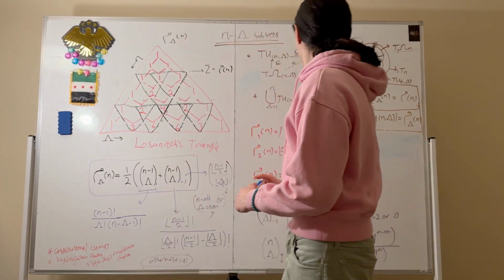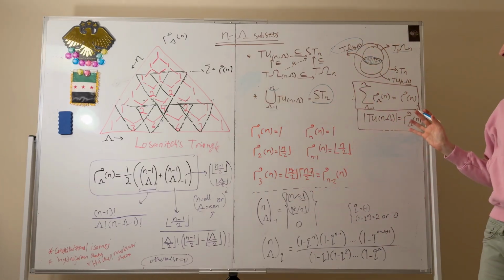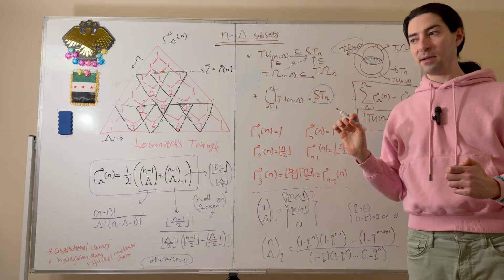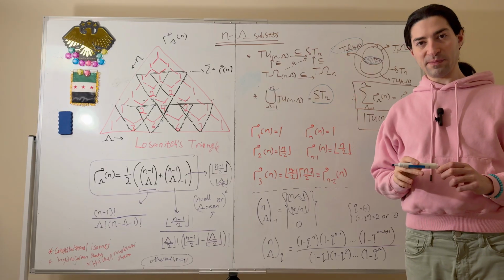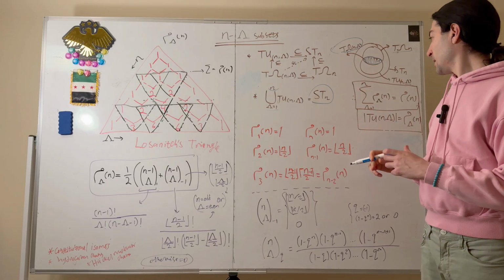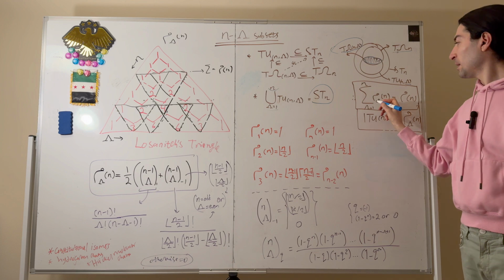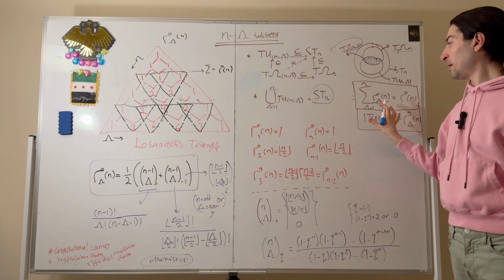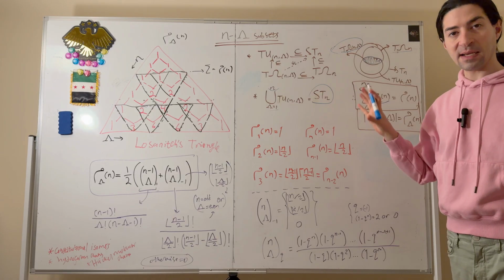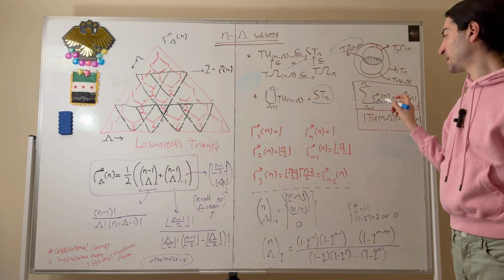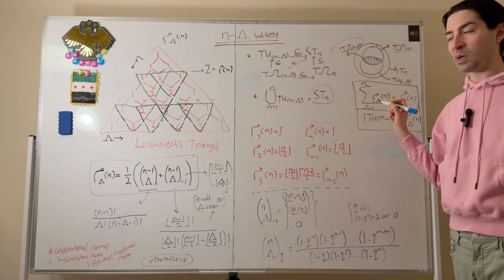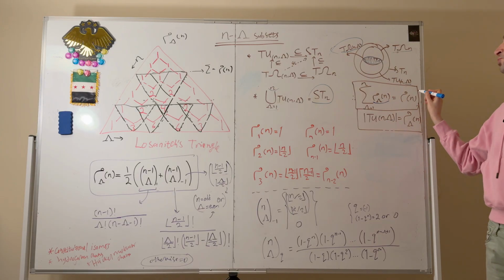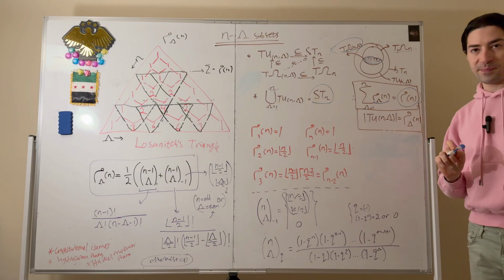So what can we say about the mean lambda numbers? We will say that mean lambda of n, the sum of the sizes of all these subsets, starting with lambda equals 1 to lambda equals n, is equal to mean of n, which makes sense.